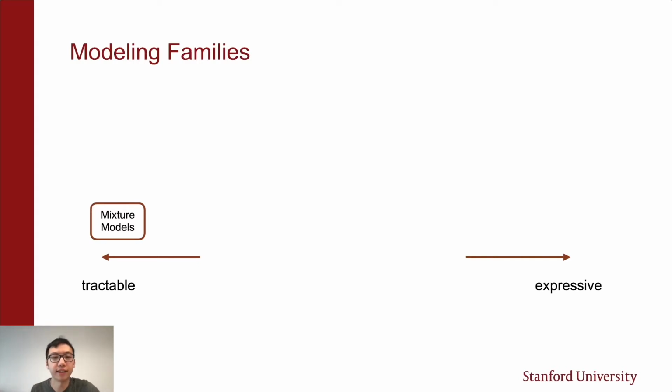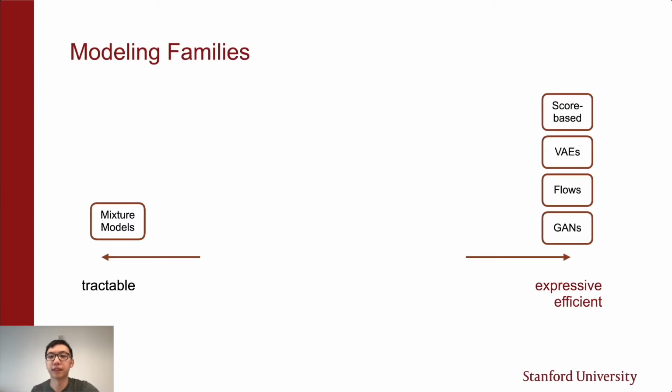There's one caveat here, which is that even with simple mixture models, if you take an infinite number of mixtures, your model can be as expressive as you want. So instead of writing expressive here, we should be talking about expressive efficiency. And more expressive efficient models, such as the neural network-based models, include GANs, flows, VAEs, and score-based models.